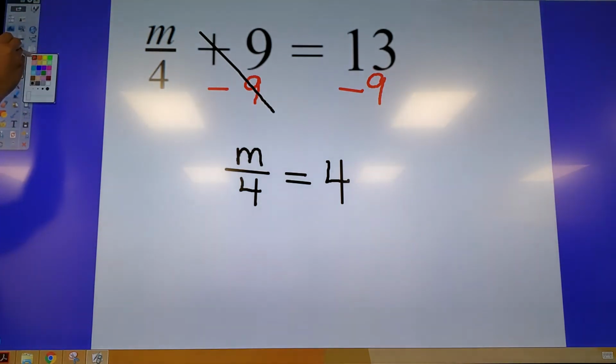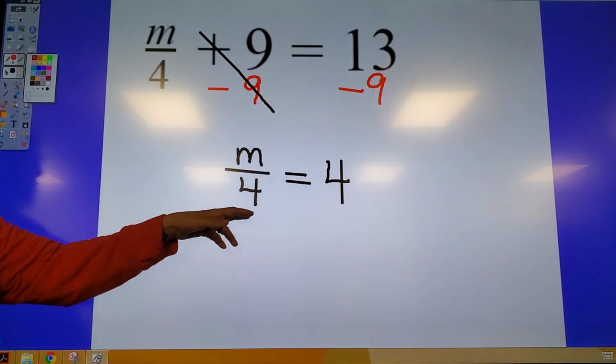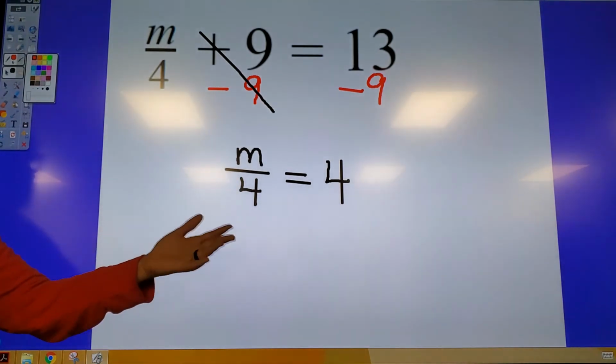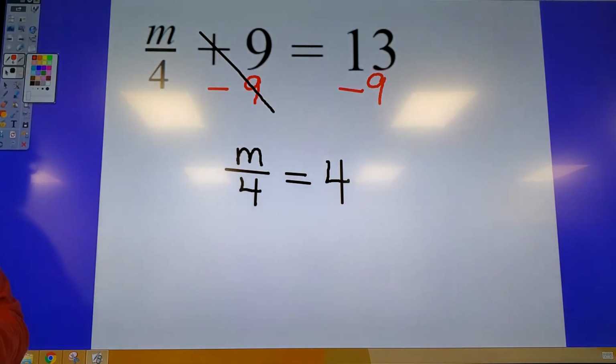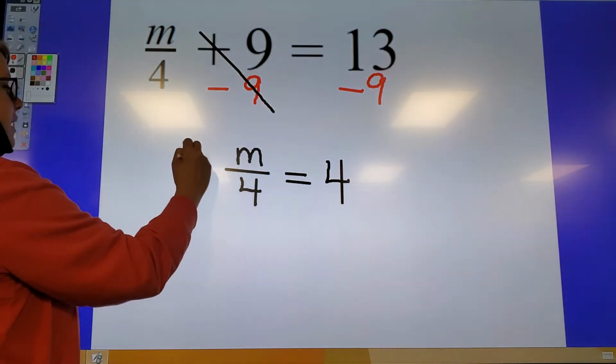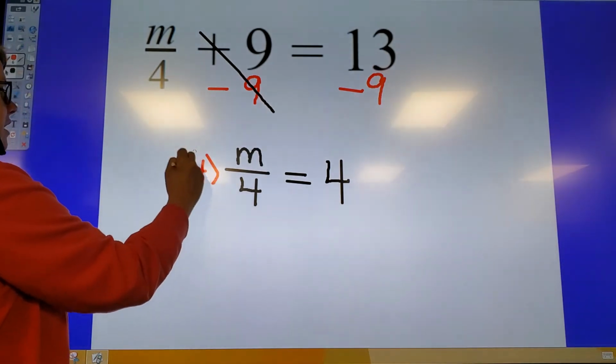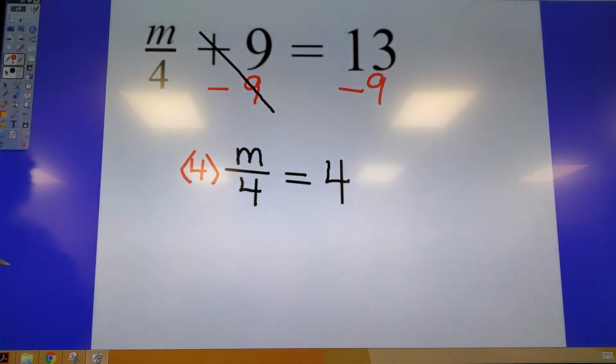This is where it gets a little bit different, because now we want to think about getting rid of dividing by 4. So the opposite of dividing is multiplying. Do you remember how to show multiplying in algebra? Parentheses. So when we're showing that we're multiplying by 4, okay, we're getting rid of this 4, we want to put in parentheses the 4.